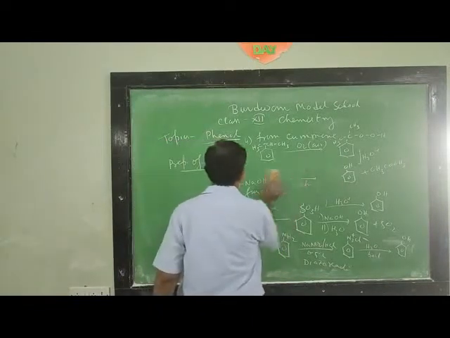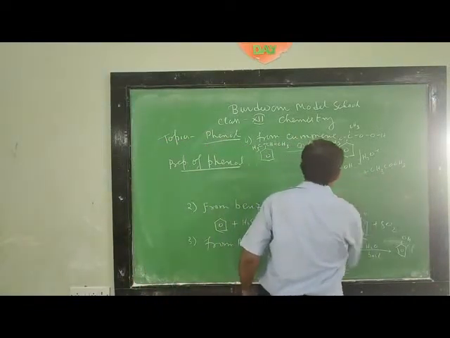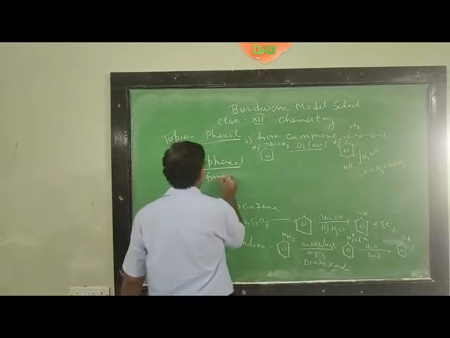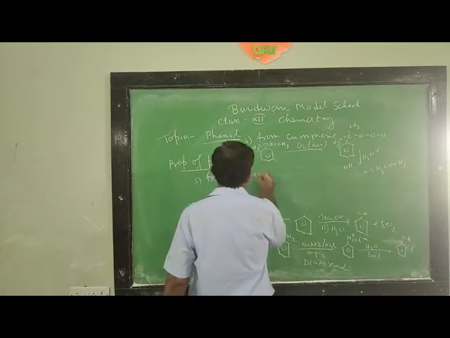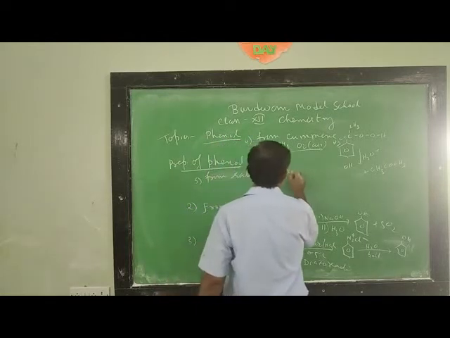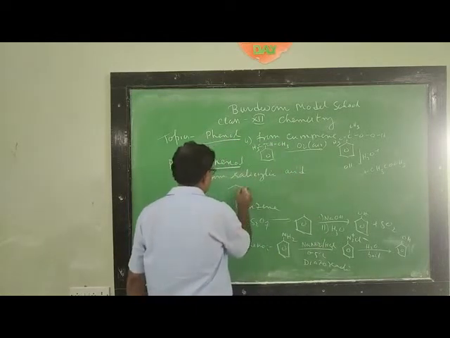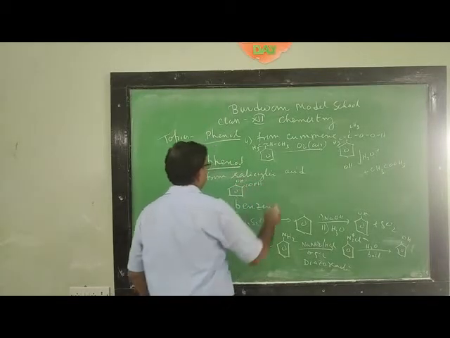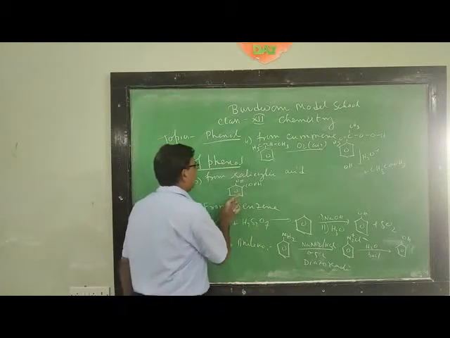You can also prepare phenol from salicylic acid. This is another method. Number 5, from salicylic acid. What is salicylic acid? Ortho-hydroxybenzoic acid. This is known as salicylic acid.